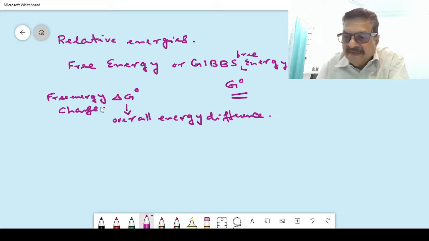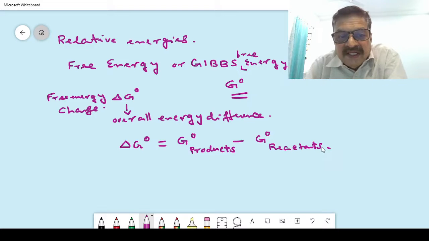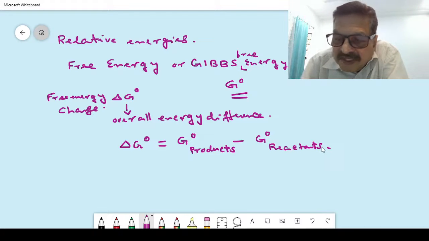So what is delta G? Delta G is the free energy change, meaning the energy of the products, G of products, minus G of the reactants. Delta G is the G of the products minus the G of the reactants.